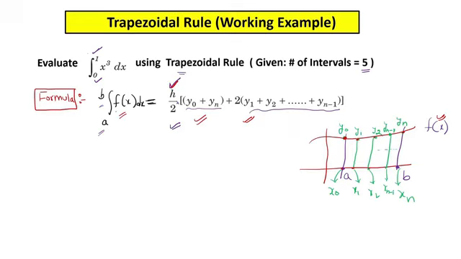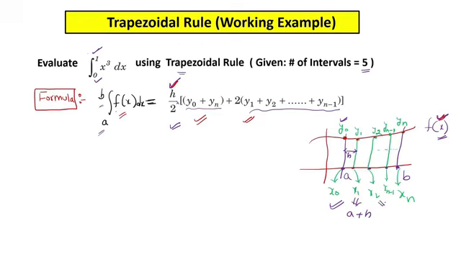To find the value of y, we have to put the values x0, x1, x2 in the given function. Then only can we find y0, y1 and so on. So how will we find these x0, x1 and x2? You can see here that x0 is equal to a. And x1 can be written as a plus h, where h is the interval size or step size.